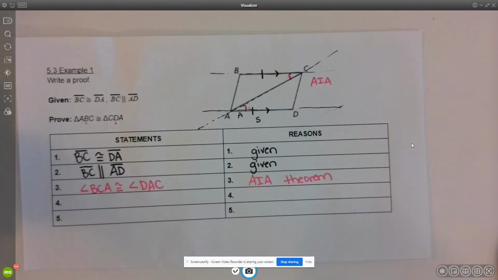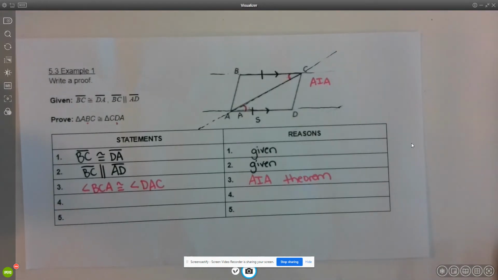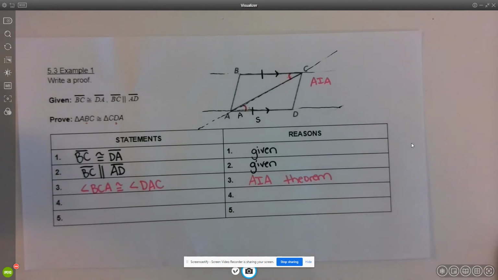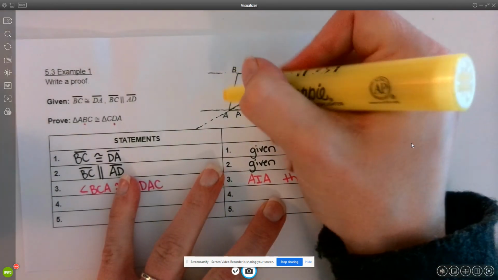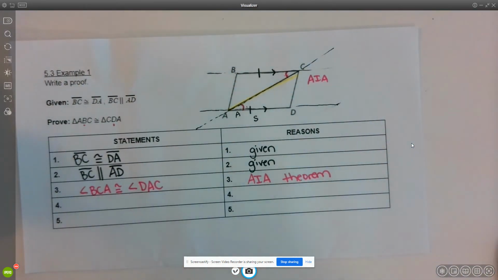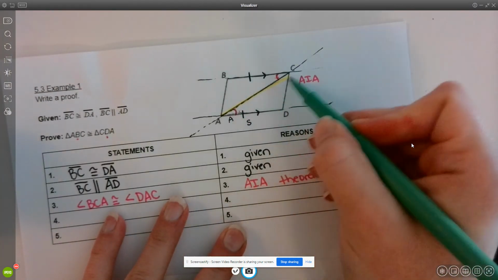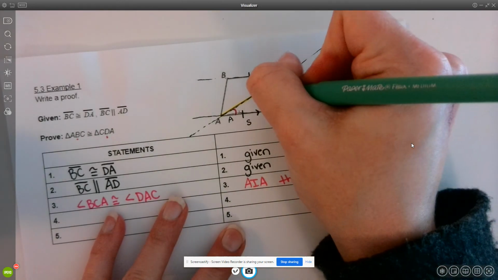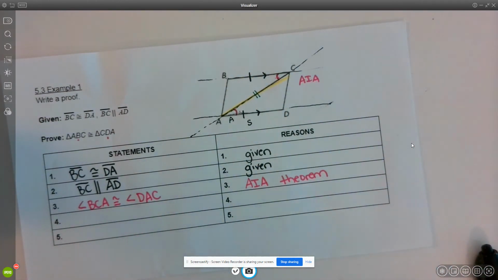Now we're looking for any more congruent parts. I don't have any more congruent angles. I do notice that the two triangles have one of their sides in common. If you ever see that, that should be a big red flag to you. You're going to be using that side. They share side CA. Well, if they share that side, it has to be congruent to itself, right?